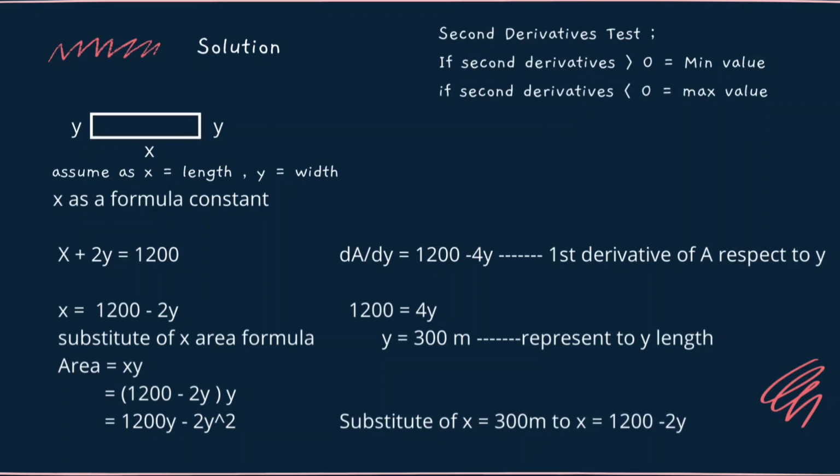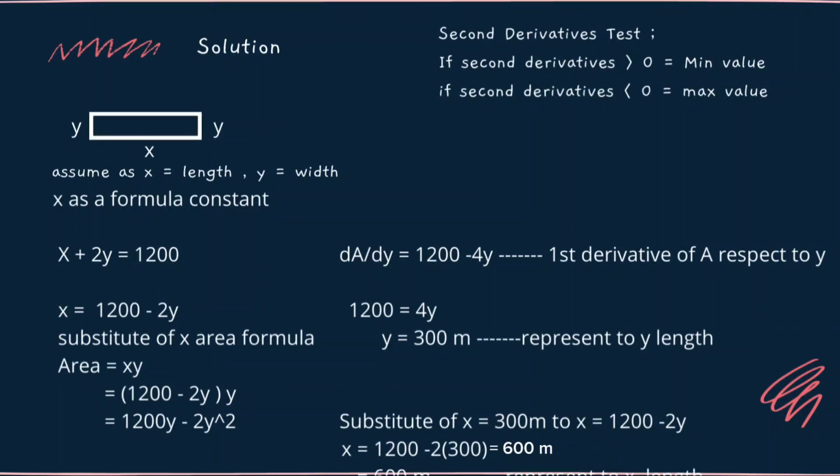Substitute into the area formula: area equals xy. So we get 1200 minus 2y multiplied by y, and we get 1200y minus 2y squared.